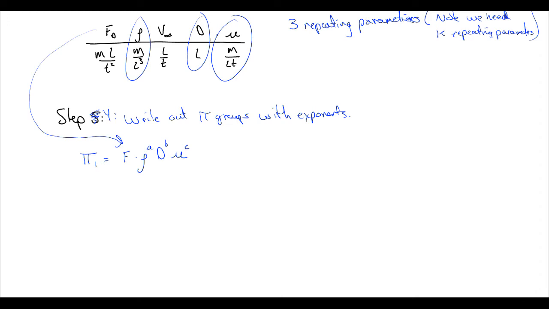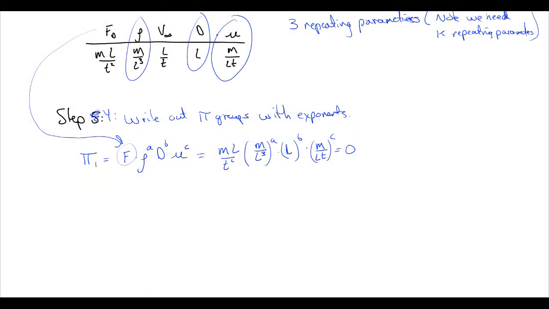force F. Okay, so if we write out now our fundamental units, we say that force has mass length per time squared, and then we multiply that by a mass per length cubed to the a, times a diameter, a length, to the b, times a mass per length time to the c. And all that has to equal 0 because all of these things have to cancel out. How do we ensure that they cancel out?